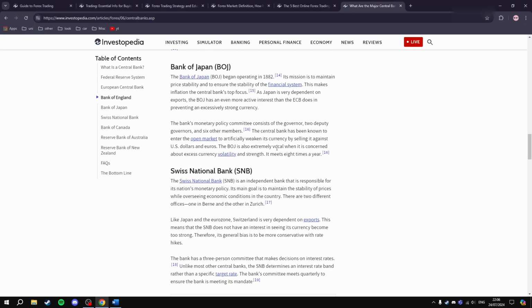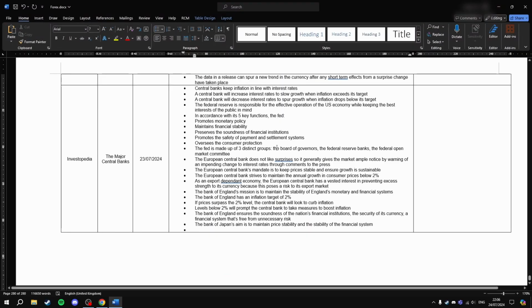This makes inflation the central bank's top focus. Inflation is a top focus for the Bank of Japan.